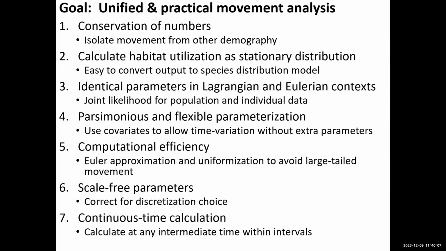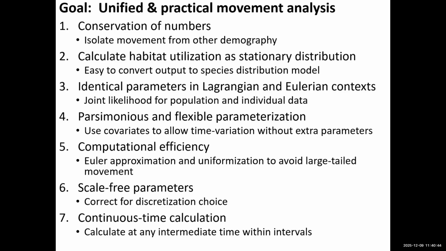My claim is that we have a set of goals with movement analysis. We want to think about movement in a way that conserves numbers, so we move animals around in a way that's isolated from other growth or mortality processes. We want a movement model where we can easily calculate habitat utilization as a stationary distribution, for instance, in equilibrium conditions, mapping out the proportions in different strata.